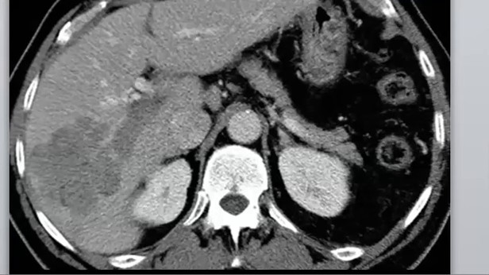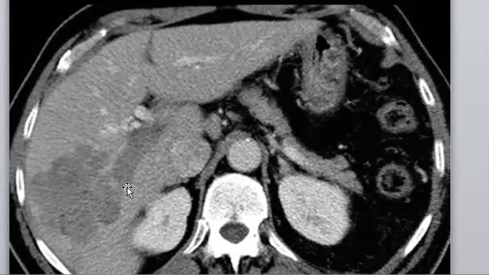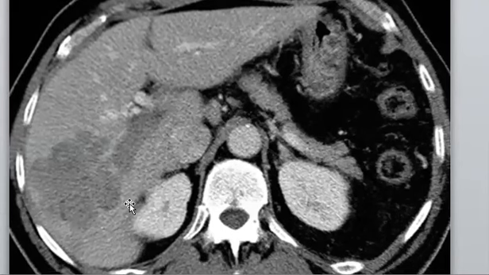So the other mimicker of pancreatic cancer is the HCC, yeah. When you find liver cirrhosis, the most common tumor or focal lesion that happens in the liver will be hepatocellular carcinoma, which is typical for liver cirrhosis.